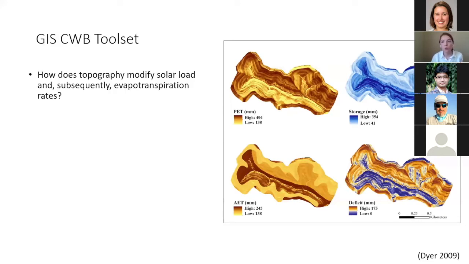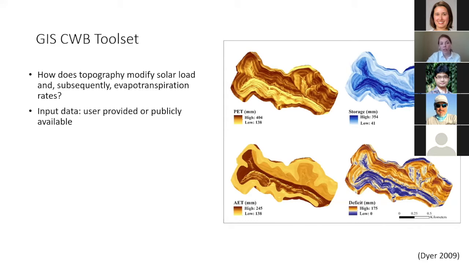And so this toolset really points to this question of how does topography modify solar radiation load and subsequently evapotranspiration rates. So it's tying together both how topography is modifying some of these patterns, but also what are the evapotranspiration rates within that watershed or within that study area.